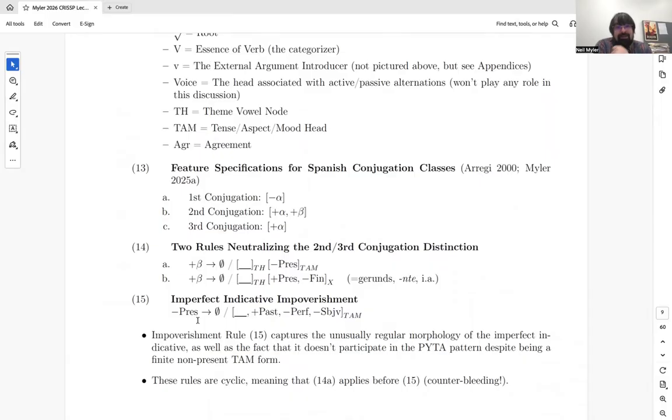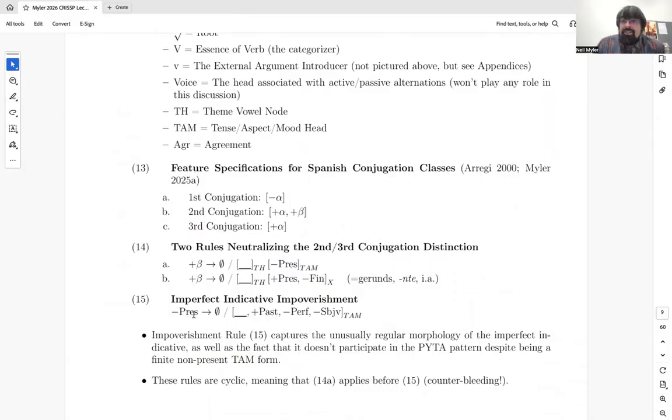Now, notice that Rule 15 deletes the minus present feature. Rule 14a deletes plus beta in the environment of minus present. That means that given that the imperfect indicative is one of these tenses where the second and third conjugation classes are in fact collapsed, we want Rule 14a to apply crucially before Rule 15 in a counter-bleeding interaction, right?